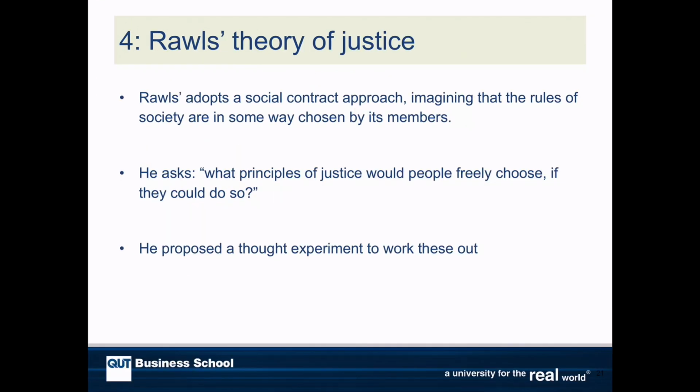So the basic concept Rawls is working with here is that of a social contract between citizens or people in a society. And what he's doing is imagining that all of the people are agreeing to these rules. So imagine if you got everyone together to agree the rules.